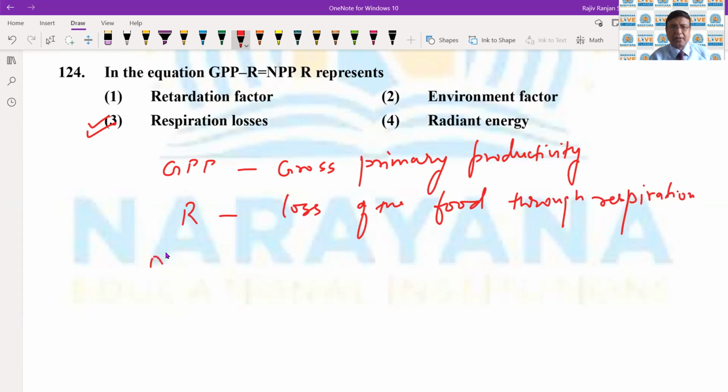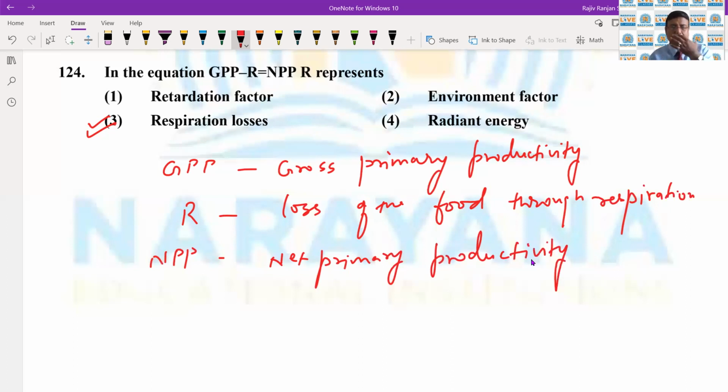And NPP stands for net primary productivity. So when we subtract the respiratory loss from the gross primary productivity, that is, when we subtract the food that has been consumed in respiration, we get the net primary productivity. So here the correct option is 3, respiration losses.